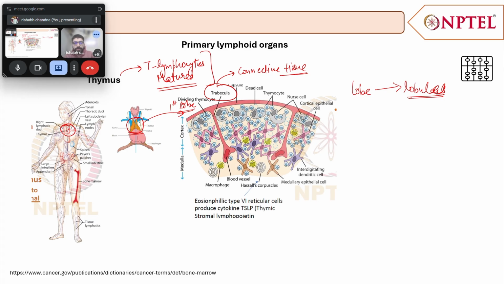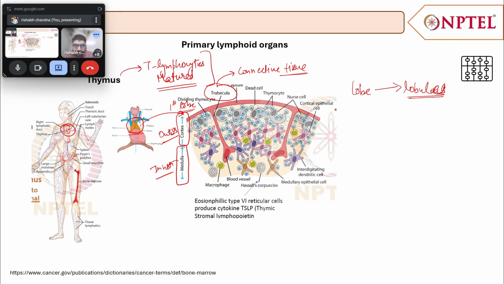Now, this lobule is divided into two components: the cortex, the outermost covering, and the innermost region called the medulla. So the cortex is the outer region of the thymus, and the medulla is the inner region.